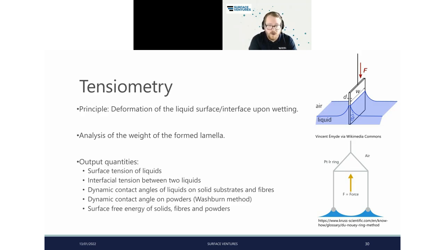There are a couple of different ways to do this, such as the Wilhelmy plate at the top or the Du Noüy ring at the bottom on the right-hand side. From this, we can get the surface tension of the liquid, the interfacial tension between two liquids, dynamic contact angle of liquids on solid substrates and fibers, dynamic contact angle on powders with a slightly different method, the Washburn method, and the surface free energy of solids, fibers, and powders.